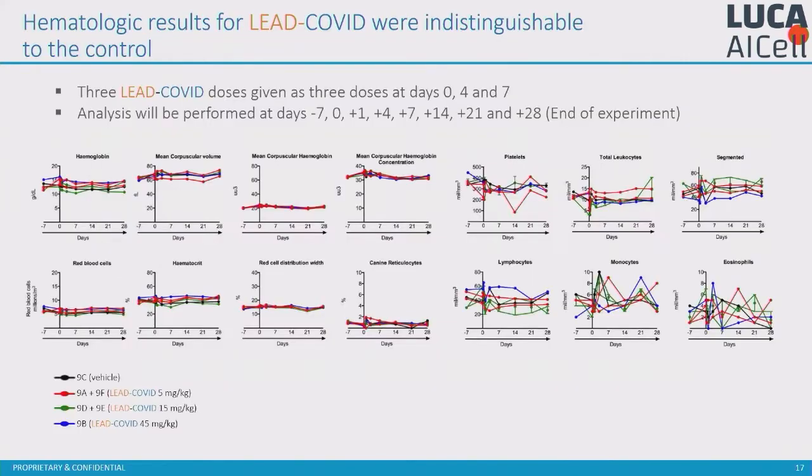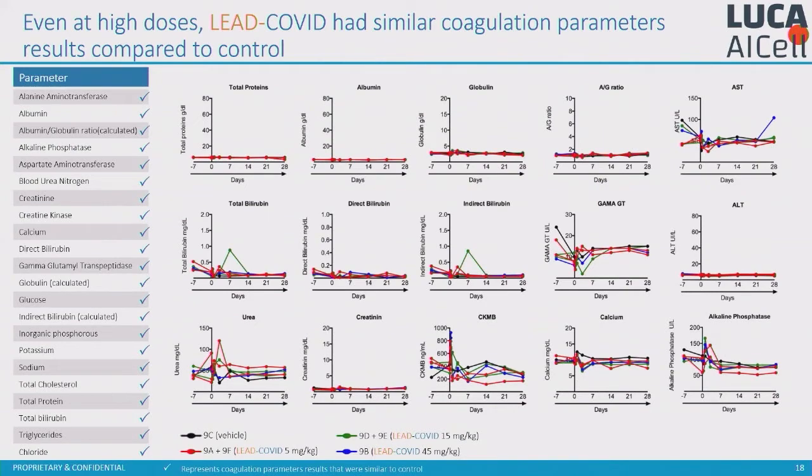You clearly see from the data that the hematological results for the lead COVID peptide were indistinguishable from the control from day 7 to 28. Even at high dosages, the lead COVID-19 peptide had similar coagulation parameter results compared to the control.